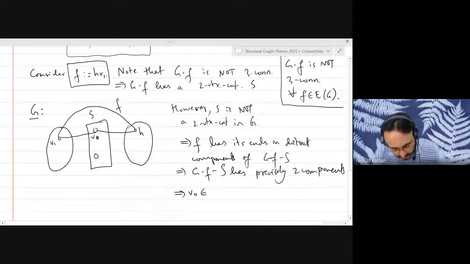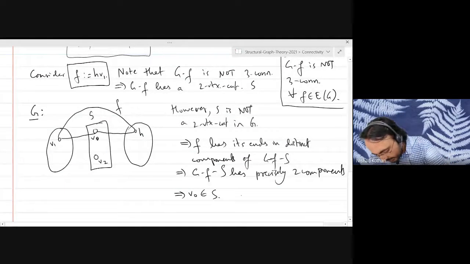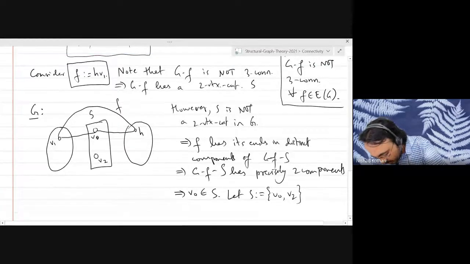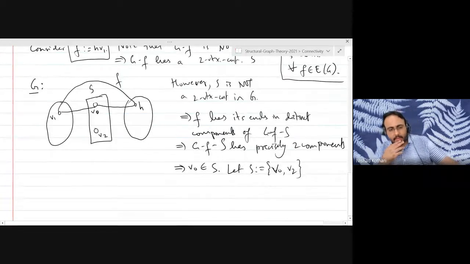So let us call this vertex V2. So V0 belongs to S. Now let S be V0 and another vertex V2. Everybody with me?